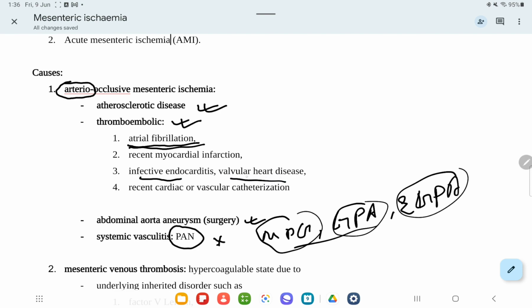Any valvular heart disease may cause thrombosis and embolism affecting abdominal vessels, mainly small or medium size mesenteric vessels. Then recent cardiac surgery or vascular catheterization. Then abdominal aortic aneurysm, and lastly, as already said, systemic vasculitis, most importantly PAN.